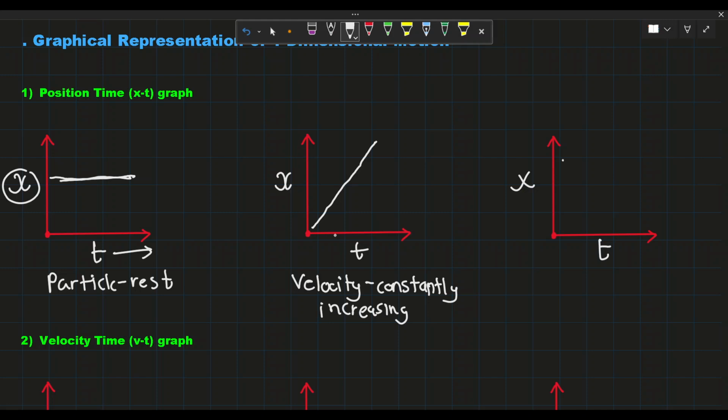And your third graph is like this, where you can see with increasing time your distance is decreasing. So in this case your velocity is constantly decreasing.